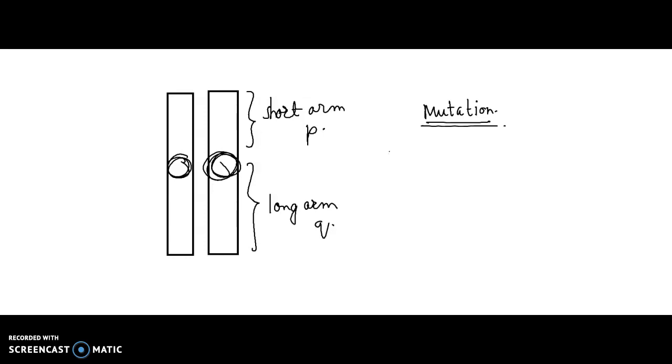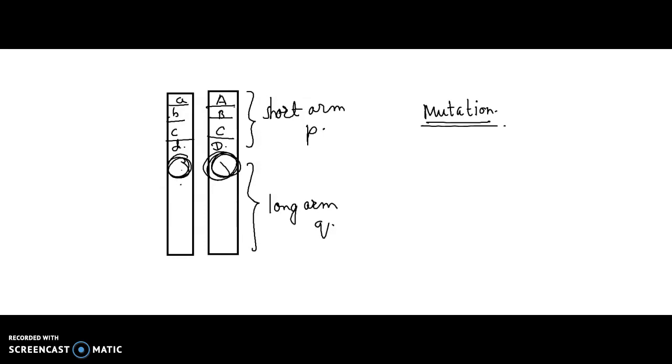Now, the chromosome carries a set of genes, say for example gene a, b, c and d on this arm, and its allelic genes could be capital A, capital B, capital C and capital D, and so forth. We can go on. Like all the chromosomes will carry different kinds of genes.